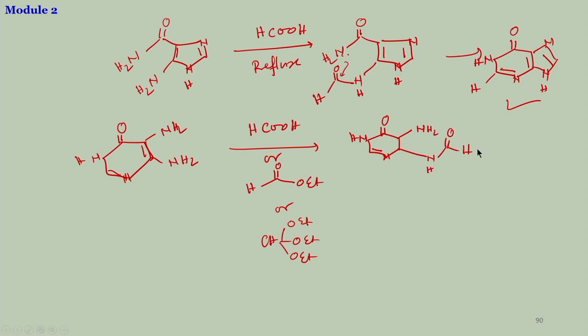This would be produced, and of course then followed by dehydration, minus water. Then the double bond here, this would be NH, there was the double bond present here.